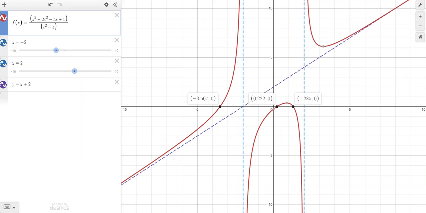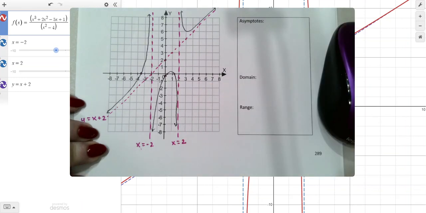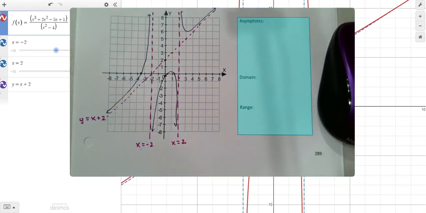I have an x-intercept at about 0.2 and another one at about 1.3. And I'll draw that sort of a lopsided parabola shape. And then over on the right-hand side, I've got that near the vertical asymptote and then finishing up near the slant asymptote. So there's my sketch of what I saw using Desmos.